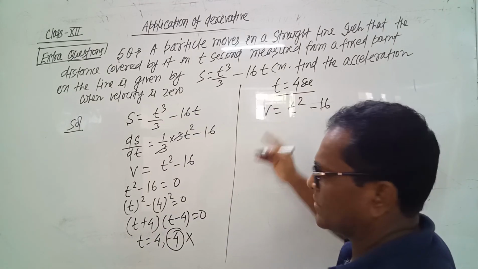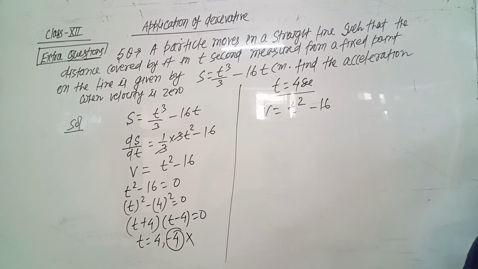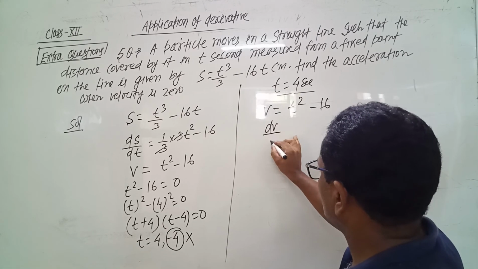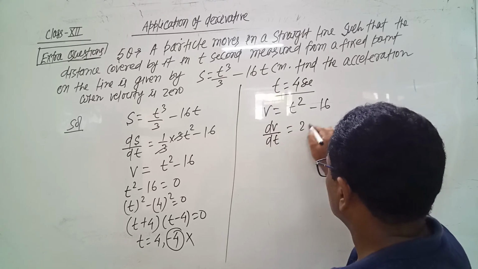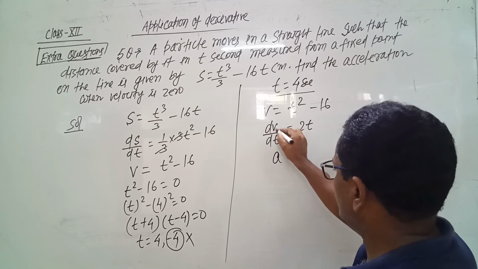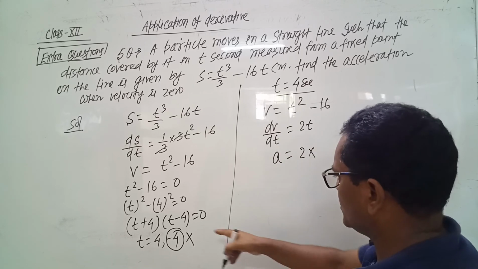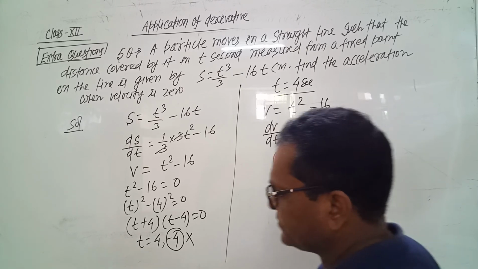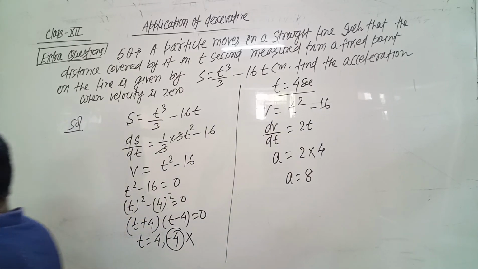Now we have to find the acceleration, and the expression for velocity is t square minus 16. So for finding the acceleration, we have to differentiate again with respect to time. dv by dt equals 2t, and differentiation of 16 is 0. This may be written as acceleration, and put the value of time. So a equals 8.